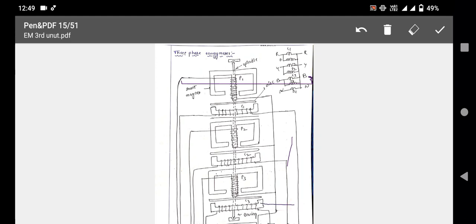These are the 3 current coils and the 3 pressure coils, connected through a common spindle on jewel bearings. This is the connection diagram for the 3 phase energy meter.